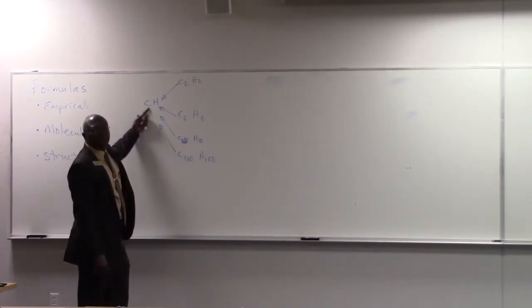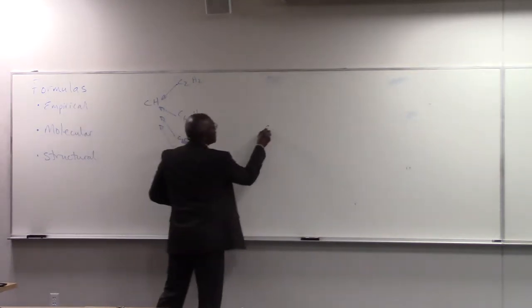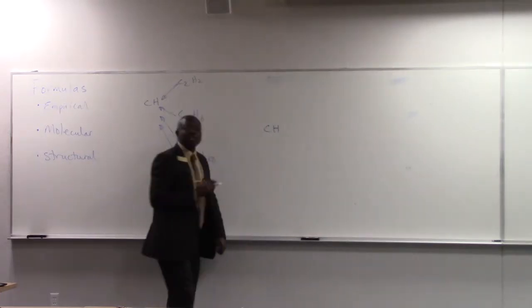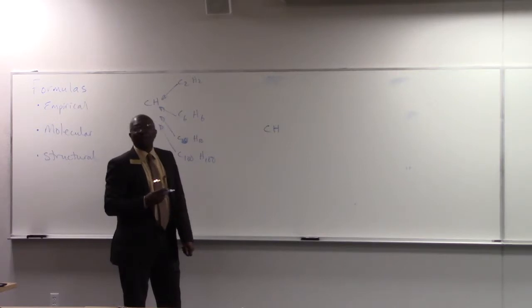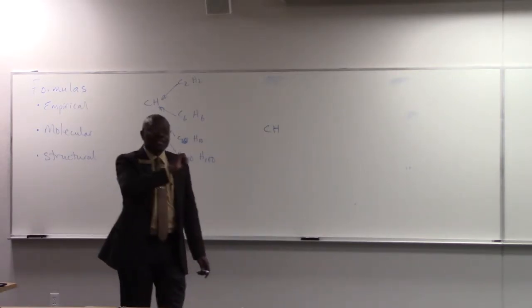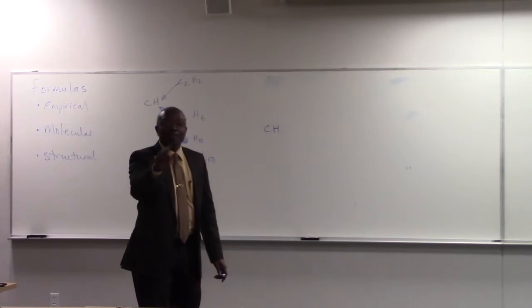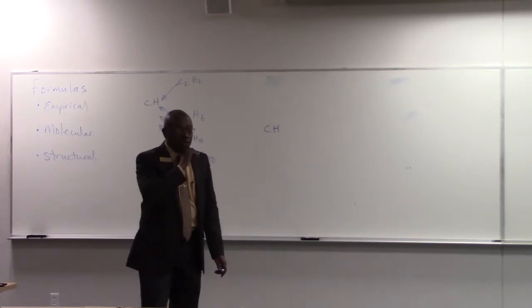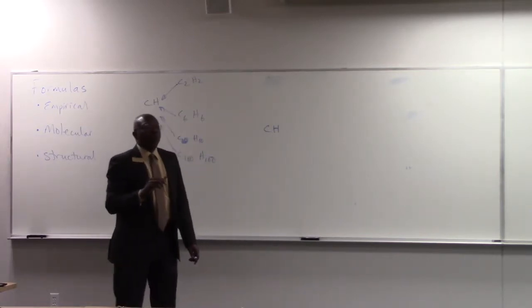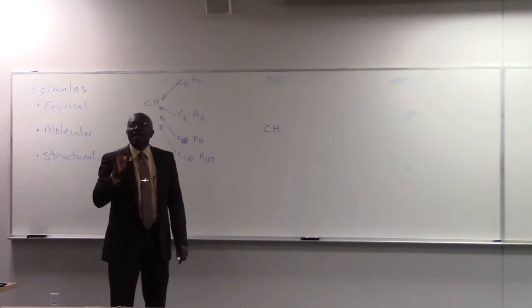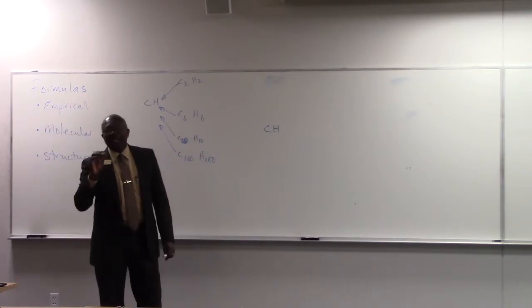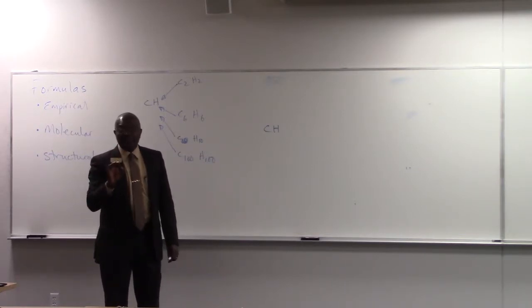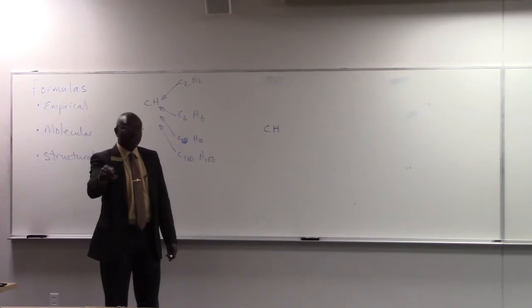But how would I go from empirical to molecular? How would I do that? And the answer is, I will need to know additional information. So suppose somebody said to you, I have a compound of formula CH, and you will say, I know, if it's CH, it's a hydrocarbon, and it doesn't dissolve in water. And that's fantastic. Okay, good. If they give you the molecular mass of the compound, you can work out the molecular formula.